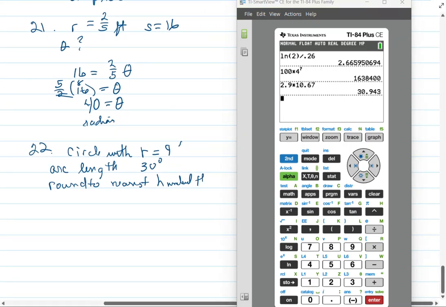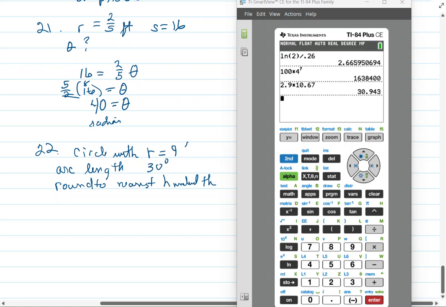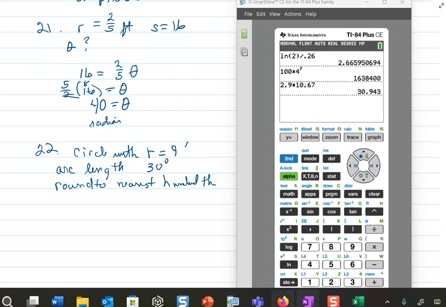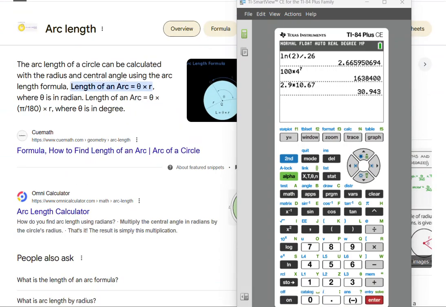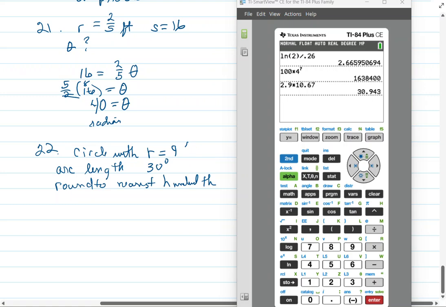All right, arc length. I don't remember that formula either. Sorry about that. It's the same one. Yes, and we have to change this to radians, because the formula has to be in radians. And we know this is what? Pi over 6. And we're doing an approximation.